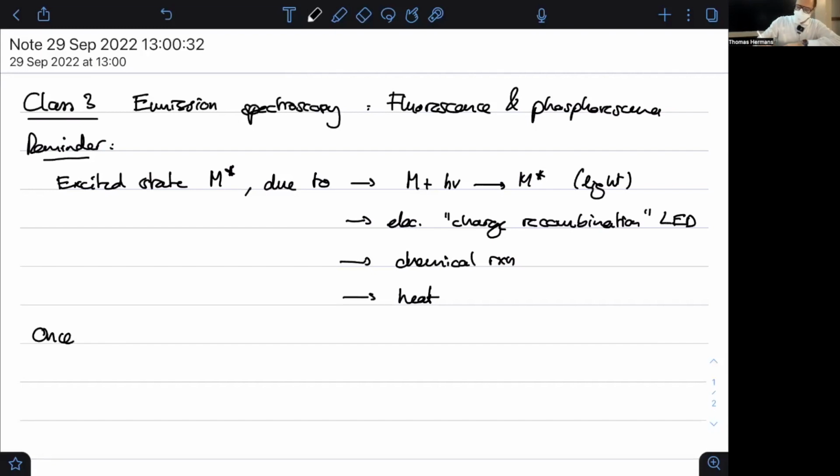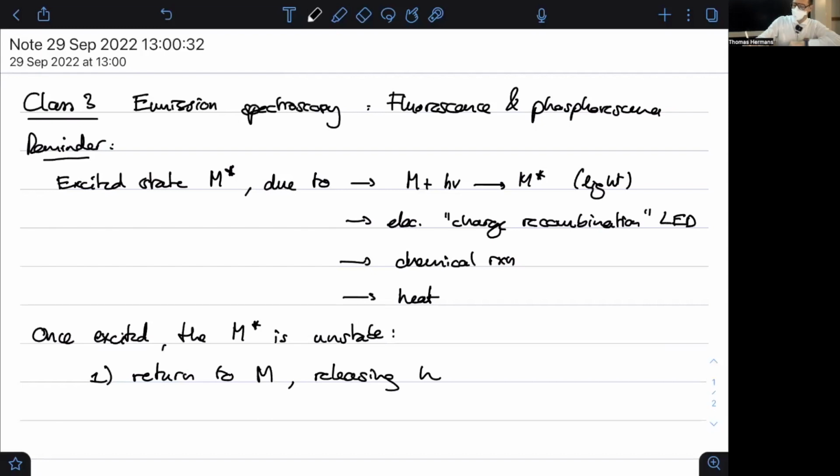Okay, so once excited, the molecule, let's say M star, is unstable. And what can it do? It can return to the ground state by releasing heat. Today we're going to really clearly distinguish non-radiative and radiative processes.